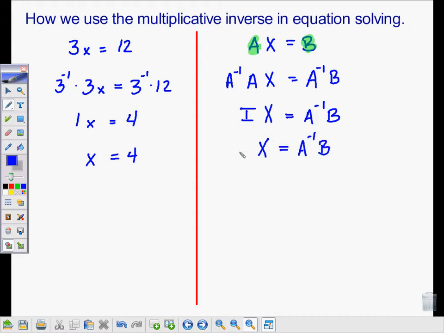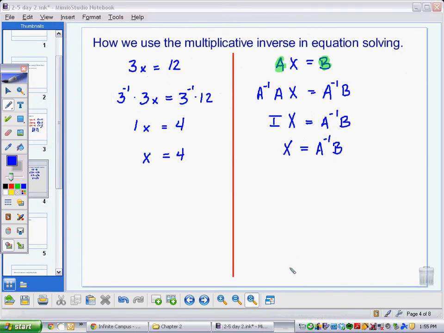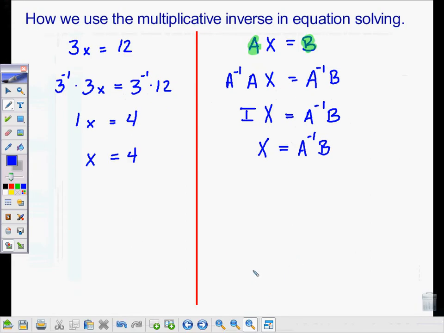So the unknown matrix can be found by taking the inverse of A times B. So this is all just the underpinnings for the real meat and potatoes of what we're doing. Okay? We do it with variables and unknowns because then they fit generic situations.